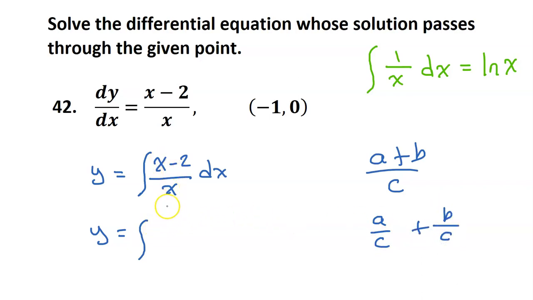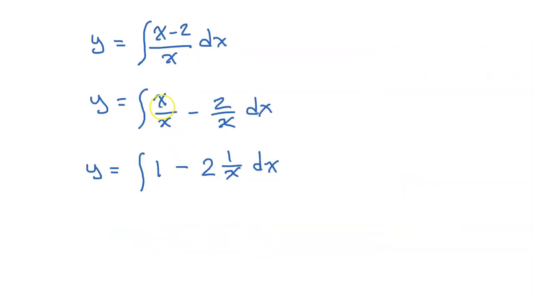So in this case, I can split this up as x over x minus 2 over x. You can see that x over x is the same as 1, and 2 over x is the same as 2 times 1 over x.